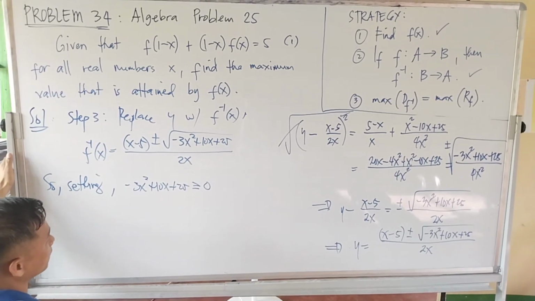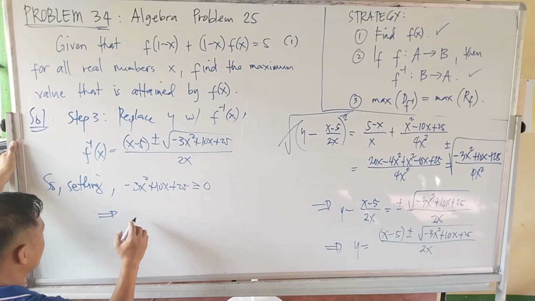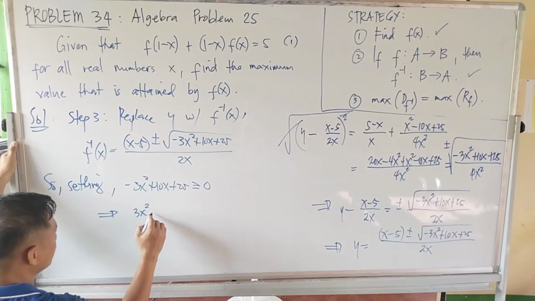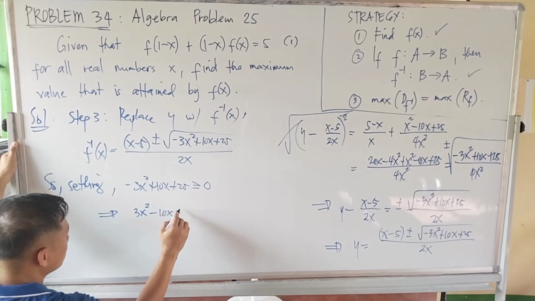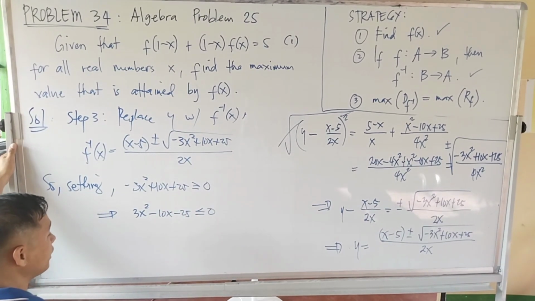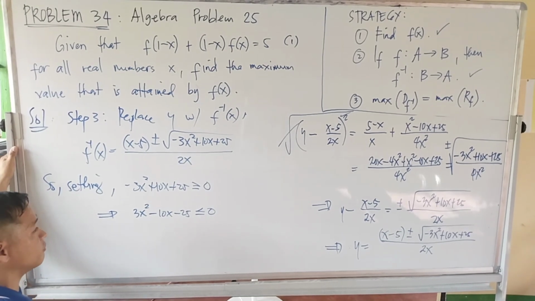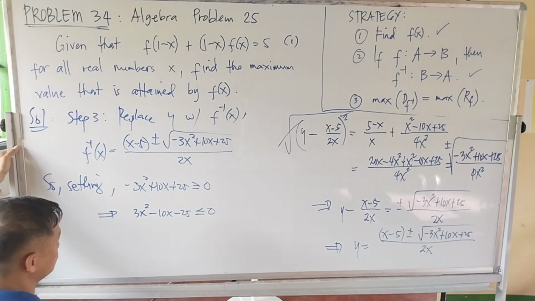So we're going to multiply both sides of the inequality by -1. This follows that we have 3x squared minus 10x minus 25 less than or equal to 0. Why? Because when we multiply or divide both sides of an inequality by a negative number, the inequality symbol must be reversed.